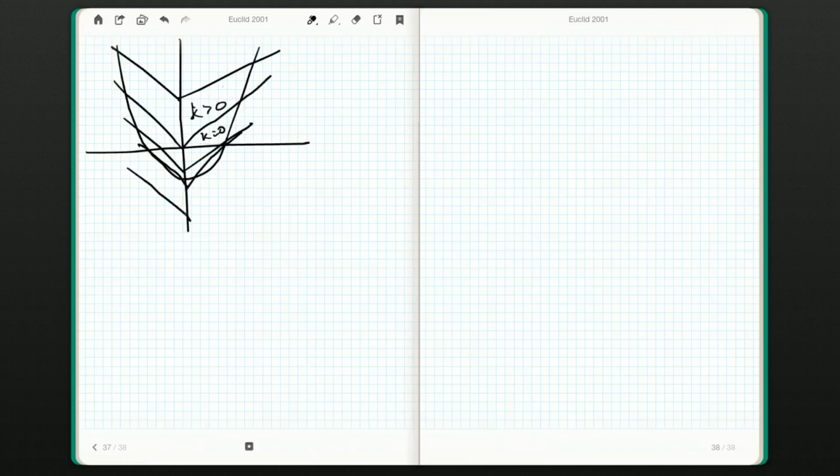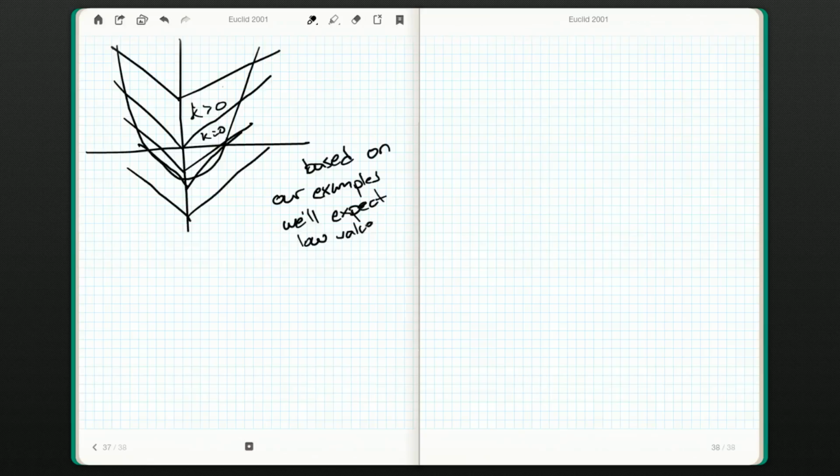But if we make it low enough, because parabolas grow faster, the lines will never catch up to the parabola in any sense. So we'll expect some very negative values of k.